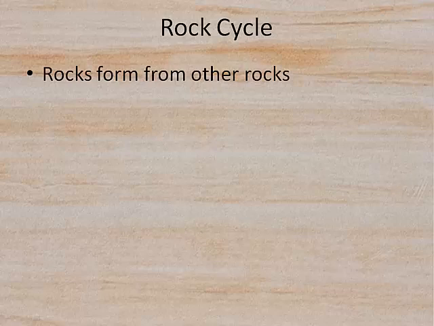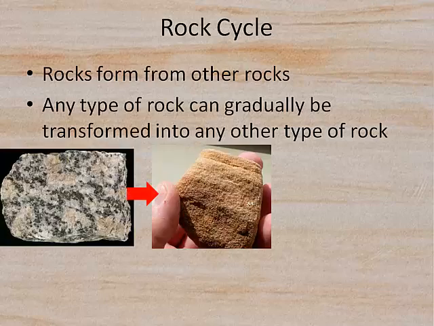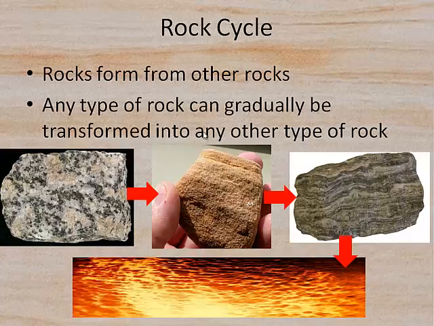Now, the last thing we're going to talk about is the rock cycle. There's almost none of the original crust of the earth left on the earth because rocks are constantly being recycled. Any type of rock can be transformed into any other type of rock given time and the right conditions. Okay, so let's look at this example. Here's some granite, an igneous rock. Weathering will break it into fragments.